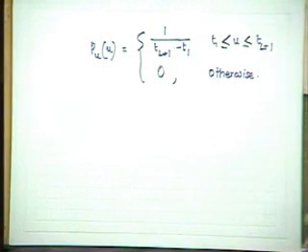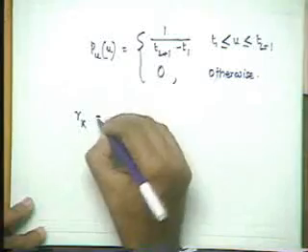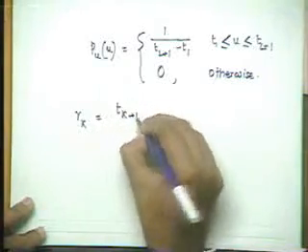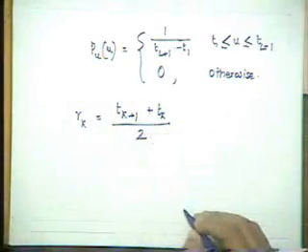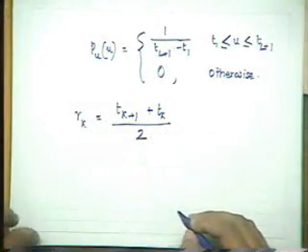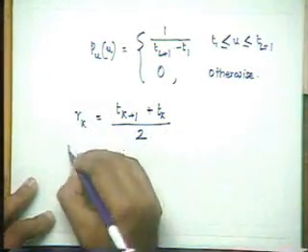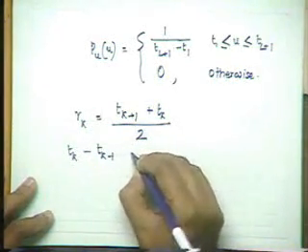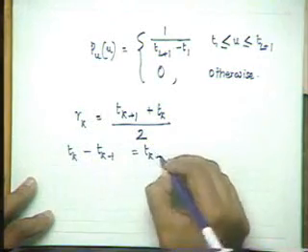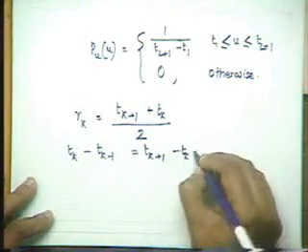Now, if we substitute this expression in our earlier equations, then we obtain Rk equals (Tk plus 1 plus Tk) divided by 2, which gives us obviously Tk minus Tk minus 1 will be equal to Tk plus 1 minus Tk.